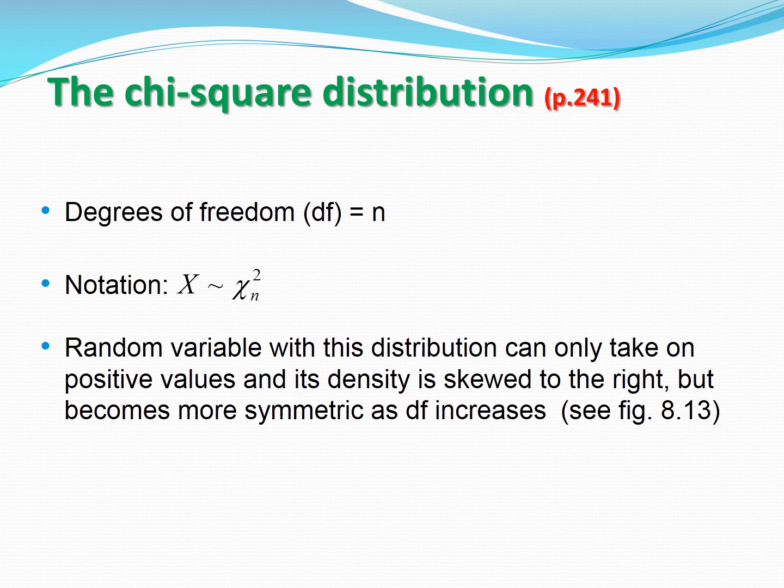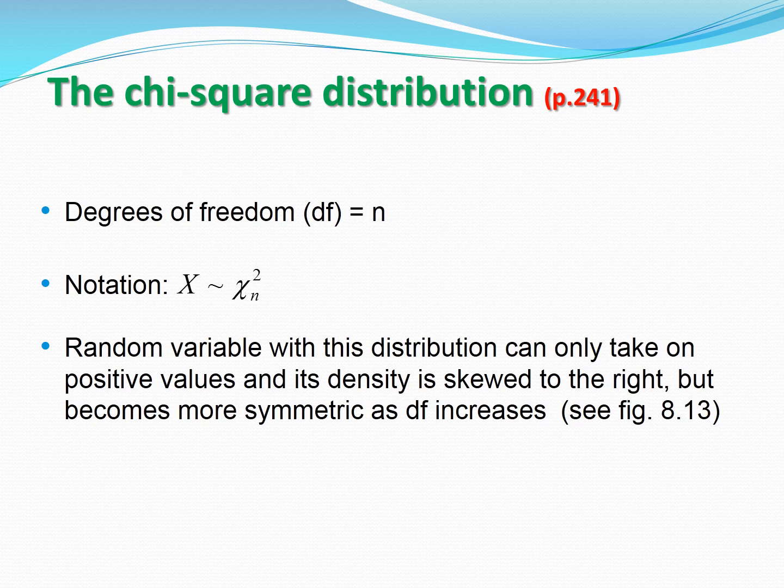Then for the chi-square distribution, we use the degrees of freedom of n in our chi-squared table, and this is the notation that we use to indicate that a random variable follows a chi-square distribution with n degrees of freedom. So we use this Greek symbol chi. Then the random variable for this distribution can only take on positive values, and its density function is skewed to the right.